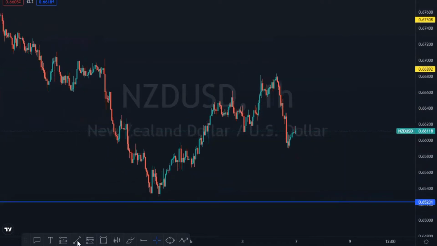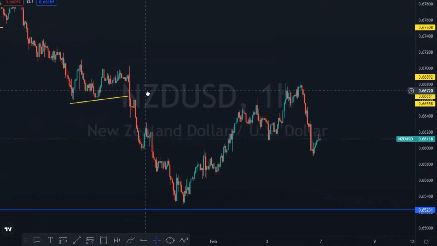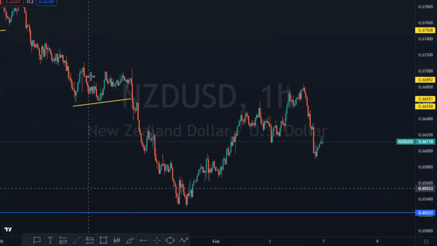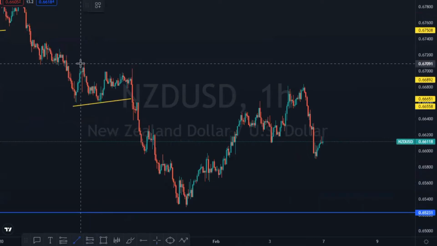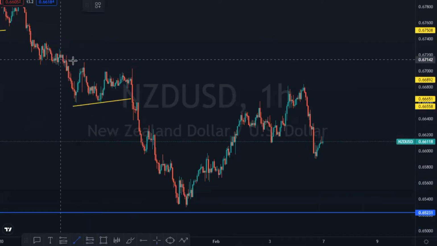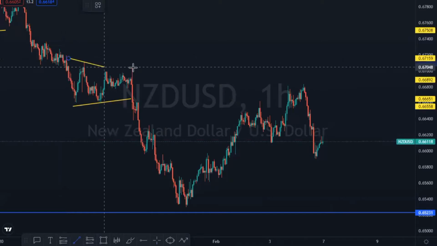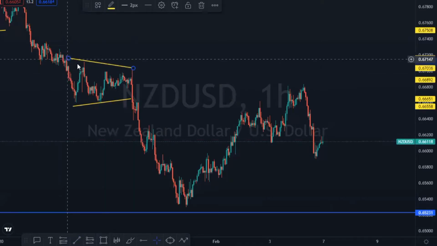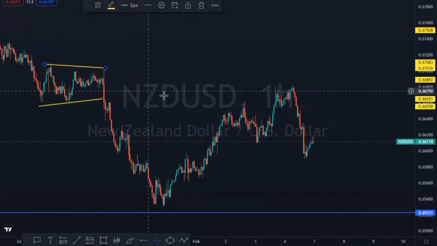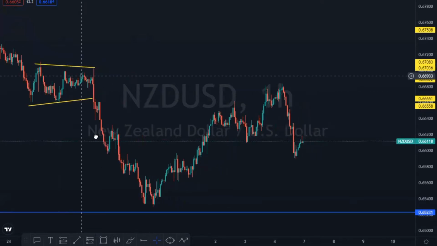Okay, so coming down to the 1 hour time frame, you can see that this was our previous correction here. We had a previous correction, right? The market also pushed to the downside.